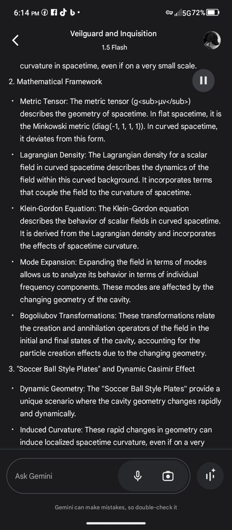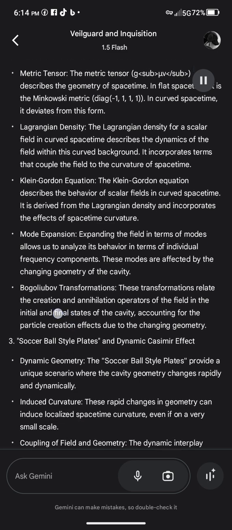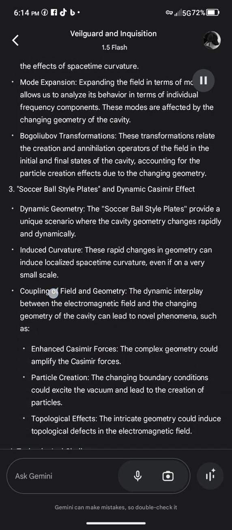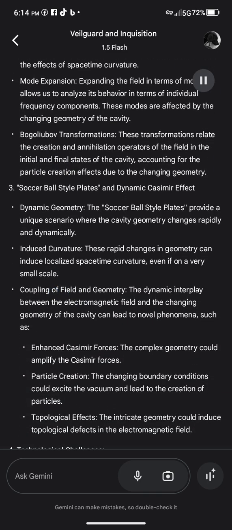Mode expansion. Expanding the field in terms of modes allows us to analyze its behavior in terms of individual frequency components. These modes are affected by the changing geometry of the cavity. Bogoliubov transformations. These transformations relate the creation and annihilation operators of the field in the initial and final states of the cavity, accounting for the particle creation effects due to the changing geometry.